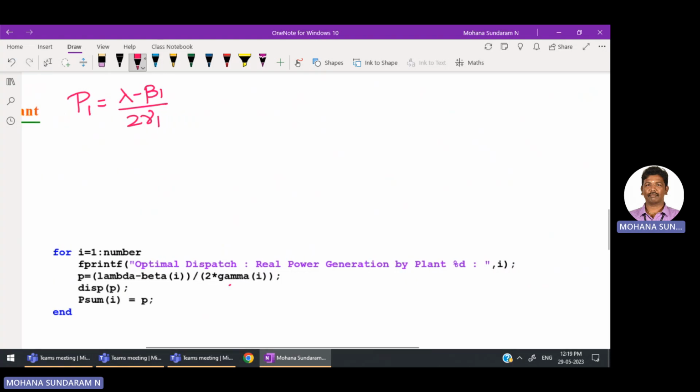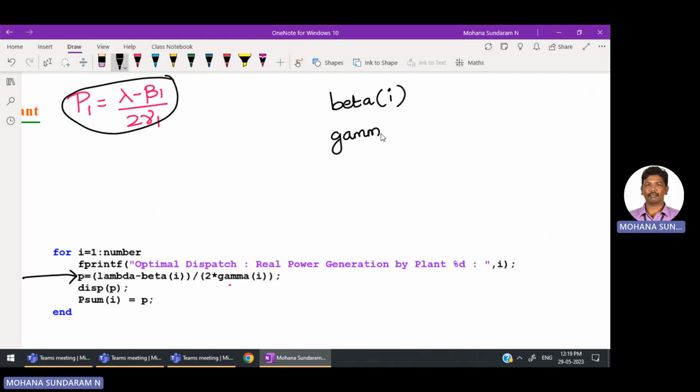First, look at this statement. It is P equal to lambda minus beta divided by 2 into gamma. Here, you can see that I have used beta of I and gamma of I because I want to calculate the individual power generation P1, P2, P3.